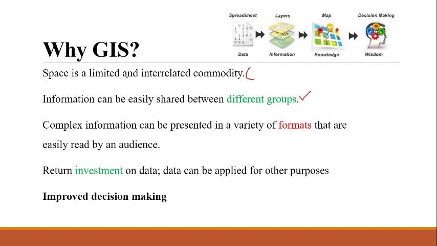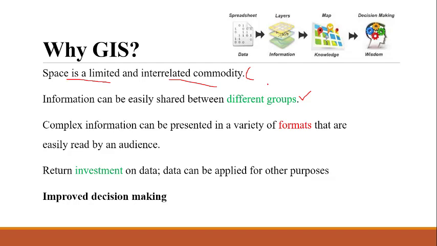GIS is used because space is limited and commodities are interrelated. Nowadays, everything is of equal importance and interrelated. Everything has interconnectivity.